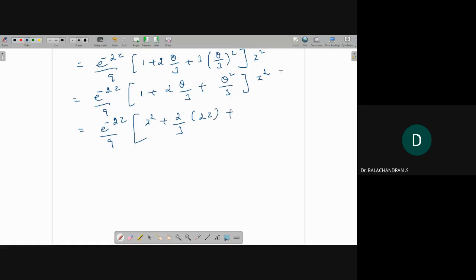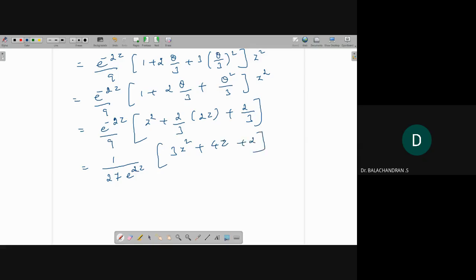To differentiate twice, you'll get 2 by 3. So let us take 3 as LCM. So 1 by 27 e power minus 2z, I will write the denominator, 3z square plus 4z plus 2.